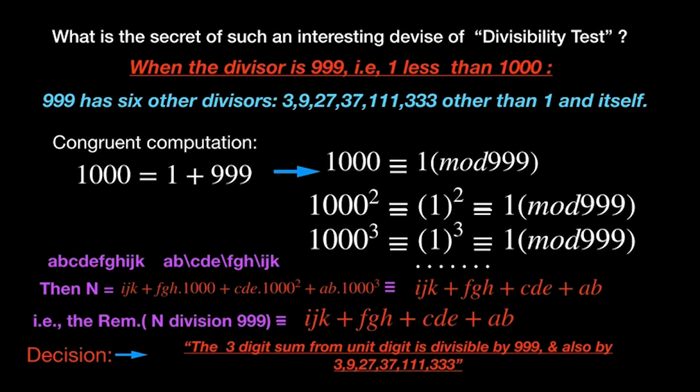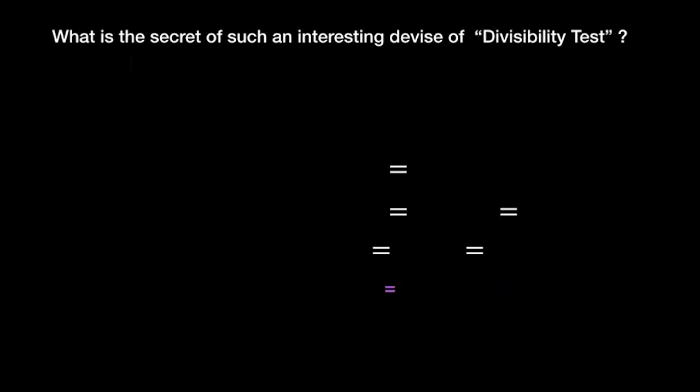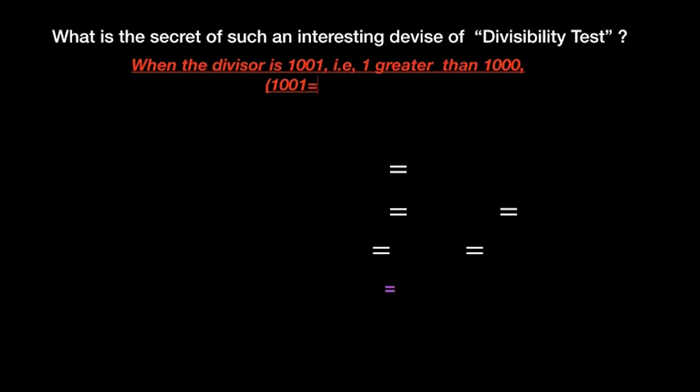Since the number is divisible by 999, the 3-digit sum will be divisible by 999, and also by any one of its factors, that is 3, 9, 27, 37, 111 and 333. Next, we consider 1001 as the divisibility.